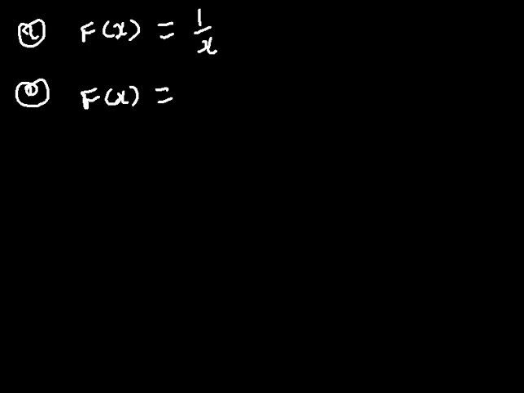And what if, let's say, we have something like the following cases? Try them at your own time. Let's say the function f of x is equal to 1 over x, and f of x is equal to the absolute value of x minus x squared.